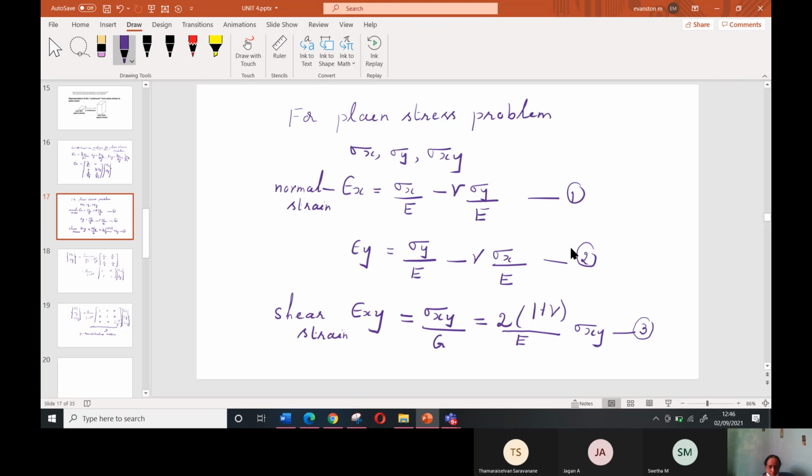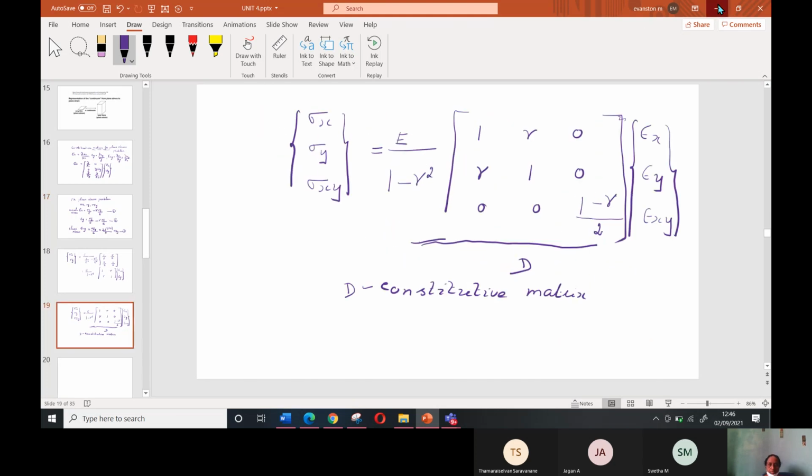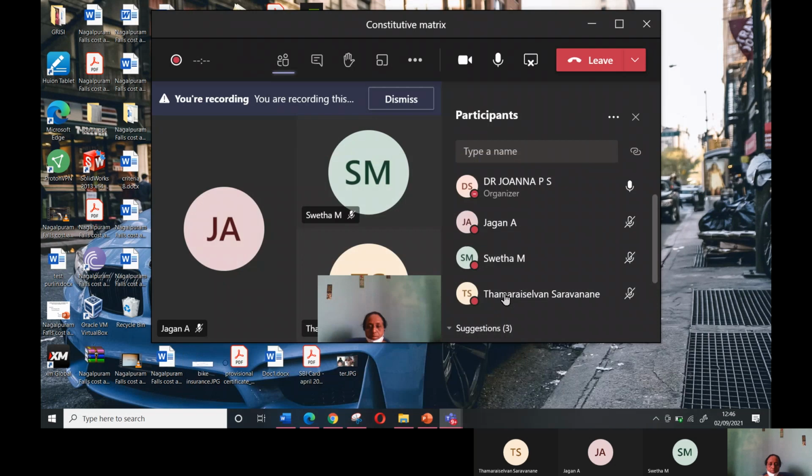You got the values? Jagan, what about Jagan? Jagan, have you got the value? Jagan? Hello? Were you able to solve these two equations, Jagan?